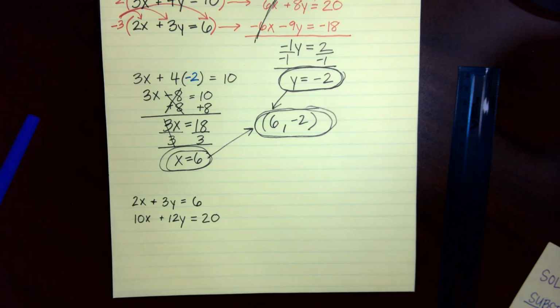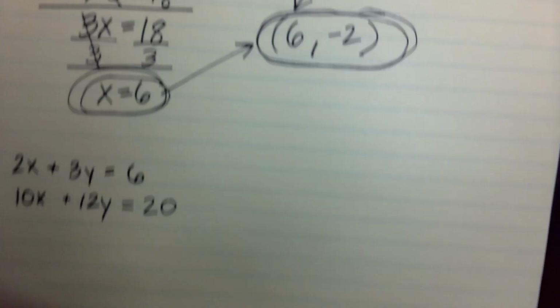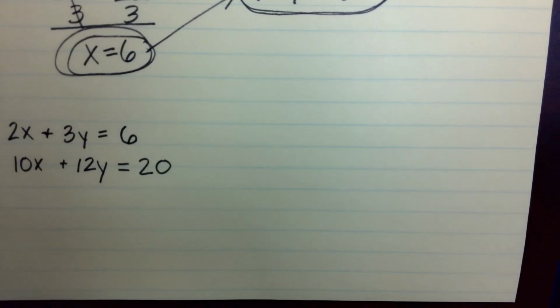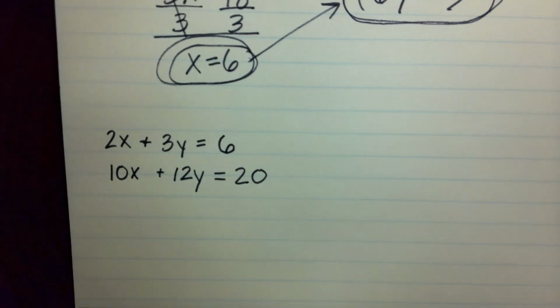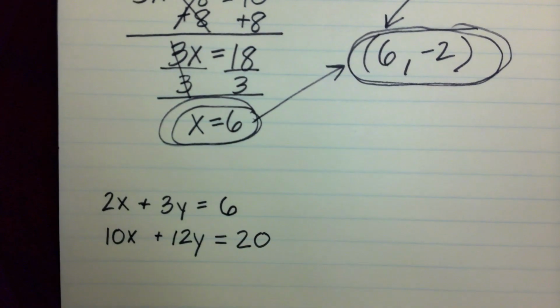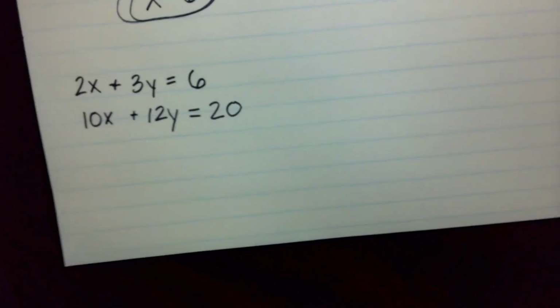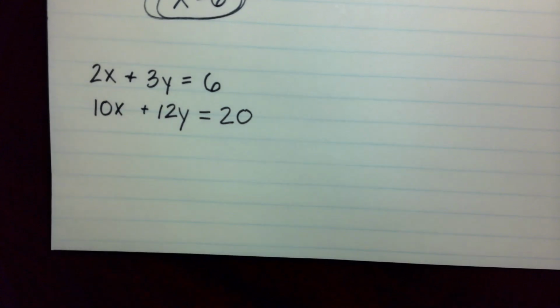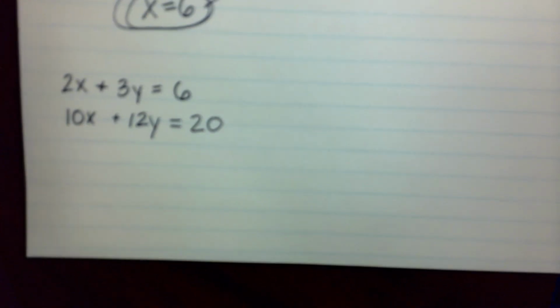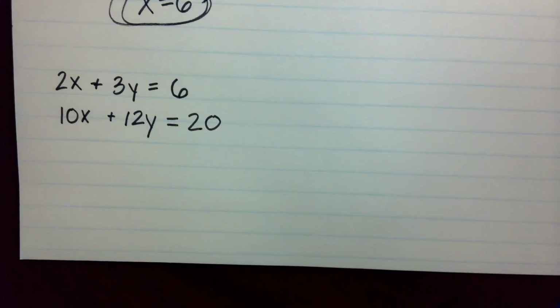We'll try that. 2x plus 3y equals 6. And 10x plus 12y equals 20. Let's try it. Okay, so if we want to use elimination to solve this, what could we multiply each of these equations by?